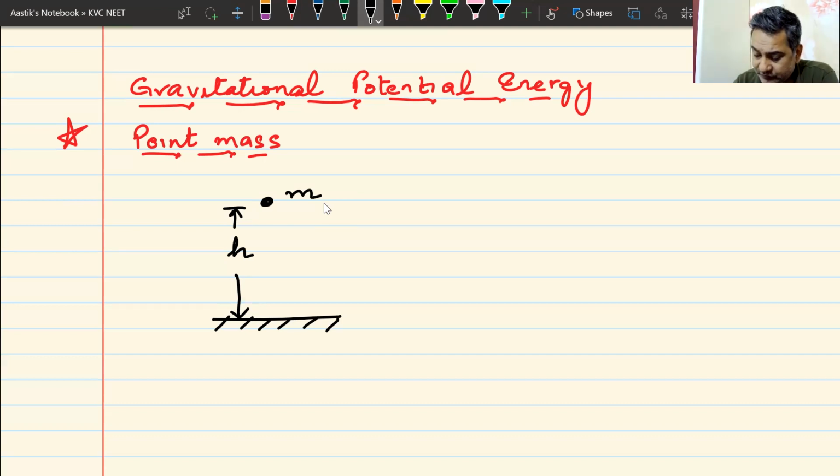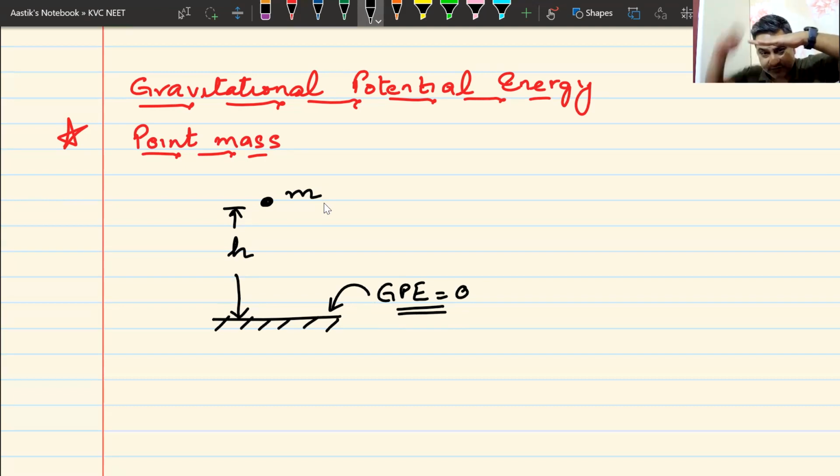and I assume that the gravitational potential energy of the ground is 0. I have a point mass m at a height h from ground. The gravitational energy of ground is 0. Can you tell me what will be the gravitational potential energy of this mass?